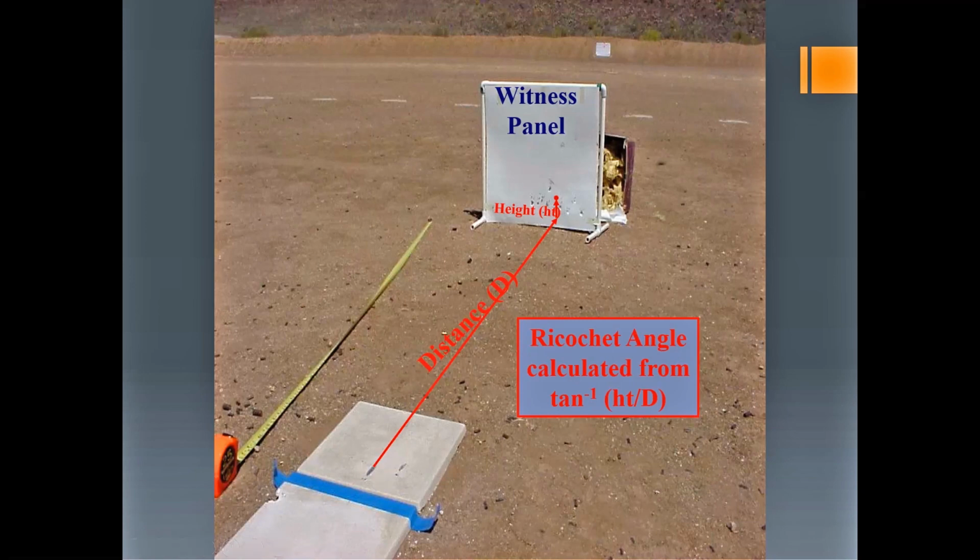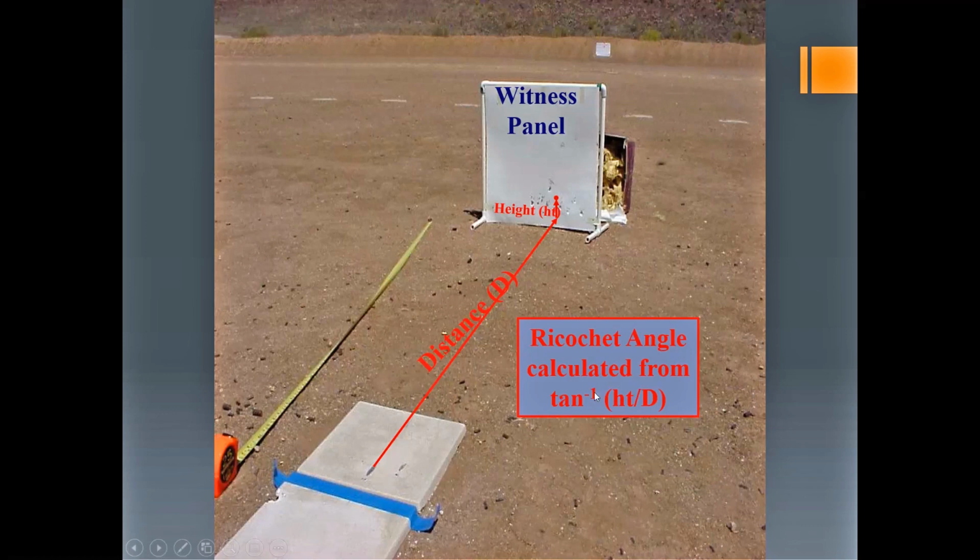So what's that? Tangent, right? Remember SOHCAHTOA, right? Sine is equal to opposite over hypotenuse, right? And then we have tangent, TOA. TOA is opposite over adjacent, right? CAH is cosine equals adjacent over hypotenuse.